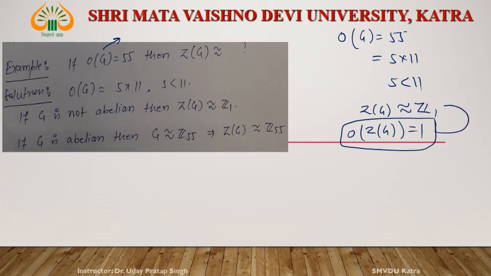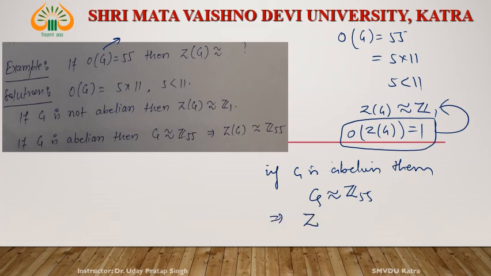But if G is abelian, then G is isomorphic to Z55, and G is equal to Z(G). No doubt, then Z(G) is isomorphic to Z55.